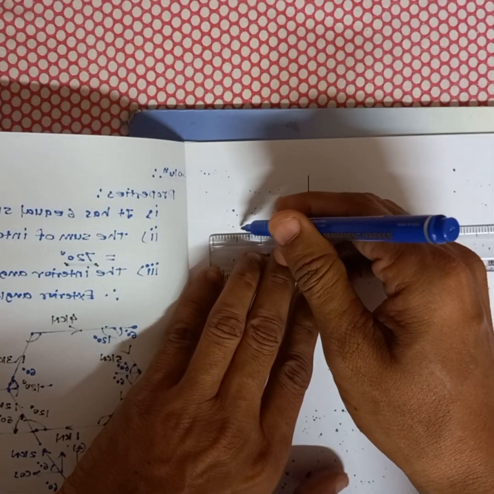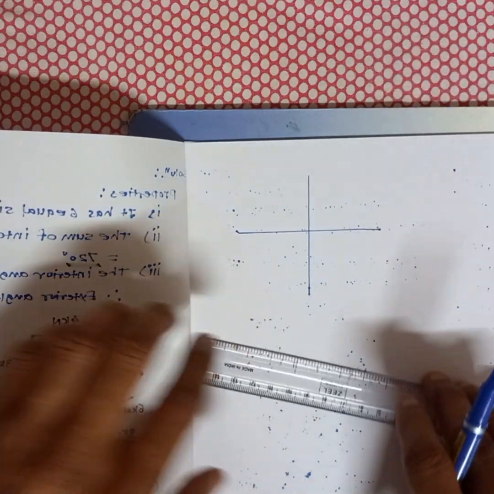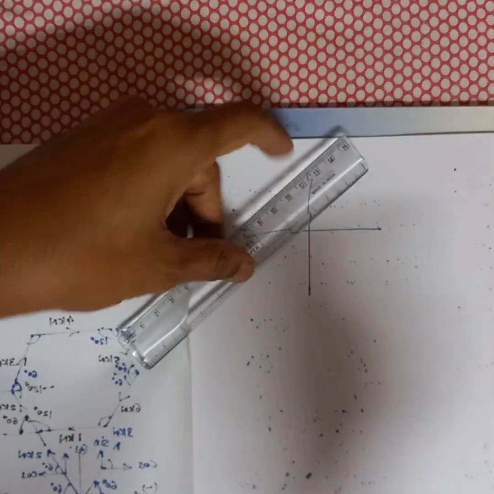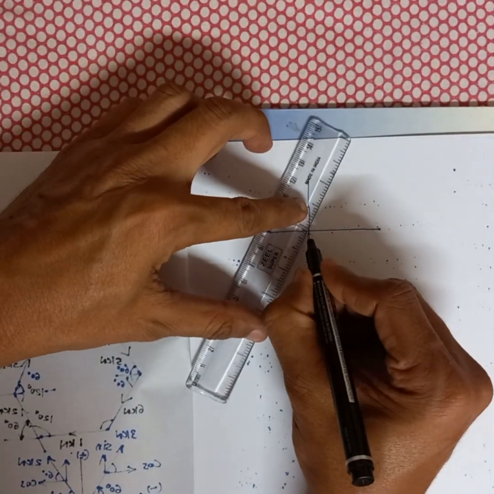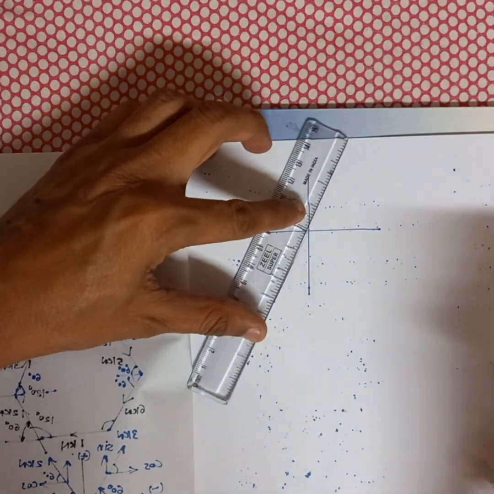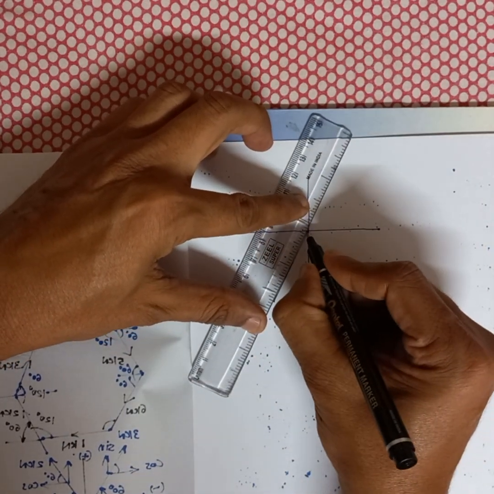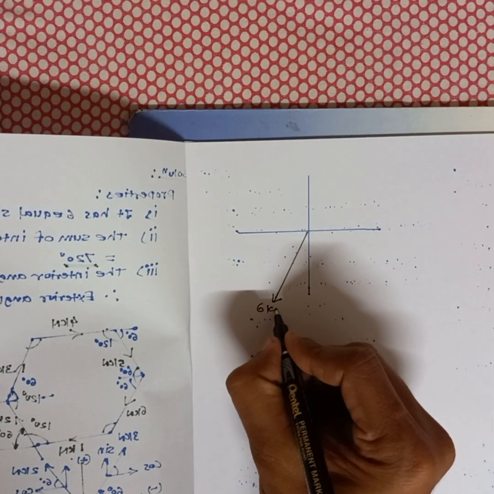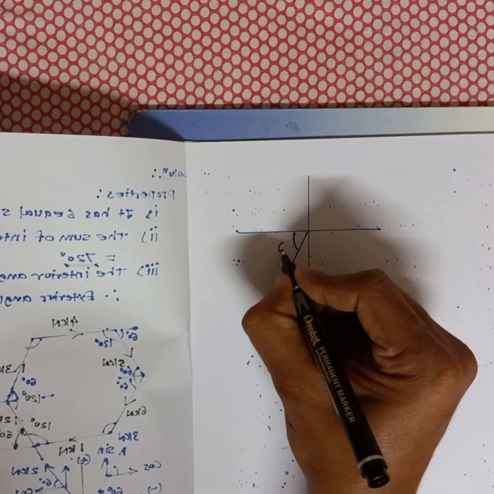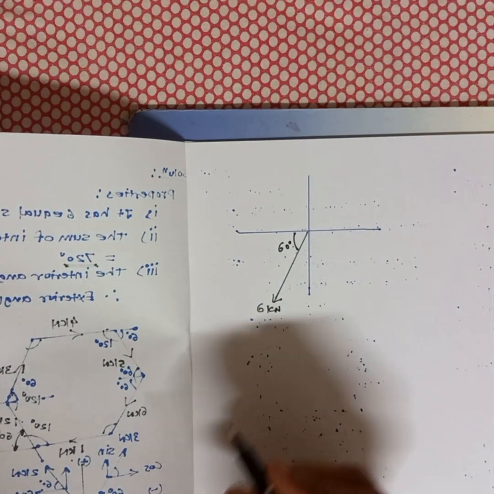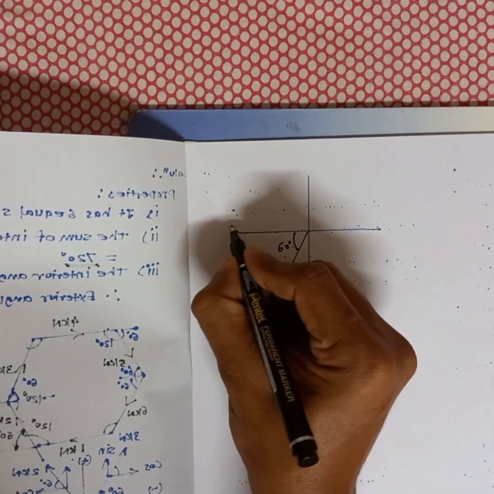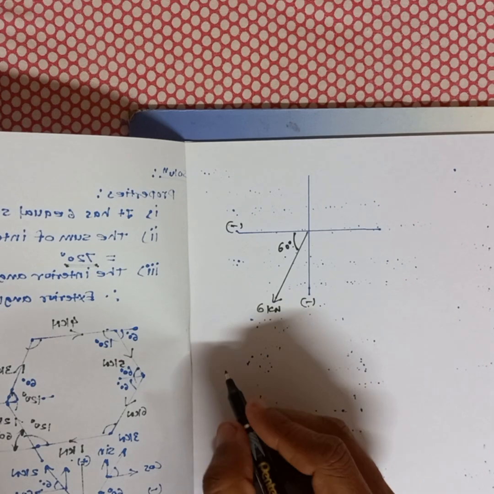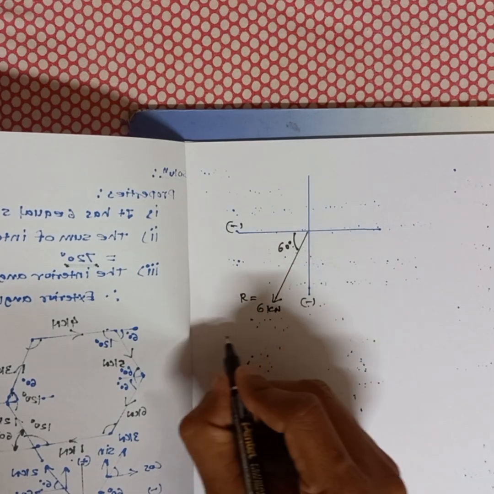Always show the position of the resultant force, and it is in third quadrant. The resultant force is 6 kilonewton and the angle with respect to horizontal is 60 degree. This is minus, right? So this is the final answer.